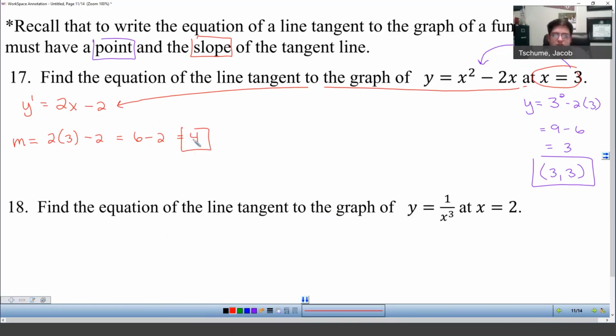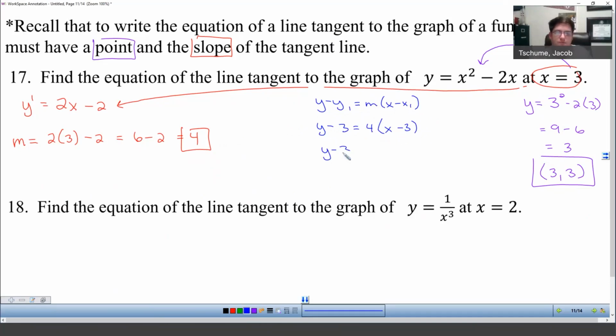Now that we have a slope and we have the point, we can write the equation of our line using the point-slope formula. From the last video, that is y minus y1 equals m times x minus x1. If I plug all my values in, the y value that I found was 3, the slope that I found was 4, and the x value that they gave me was 3.